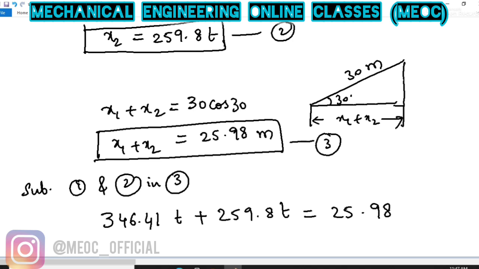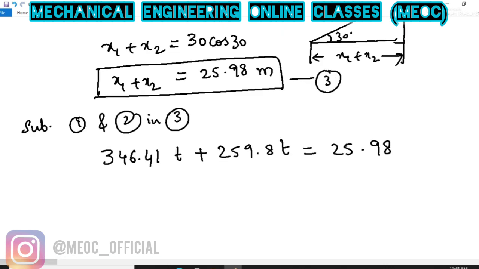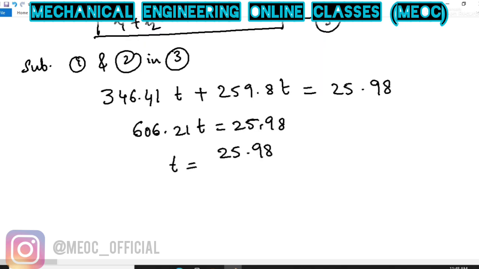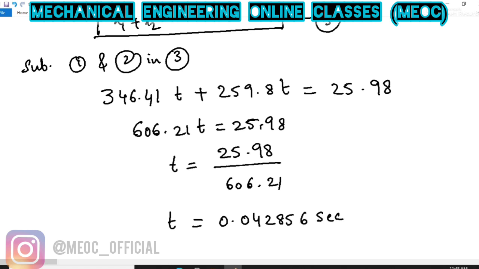So if we solve this, 606.21 t is equal to 25.98, or t is equal to 25.98 divided by 606.21. So t is equal to 0.042856 seconds.